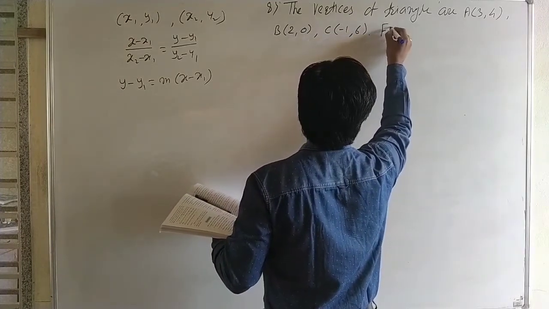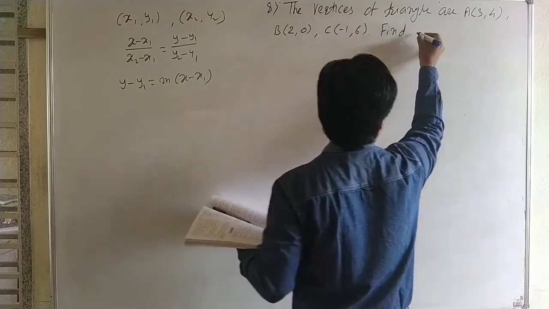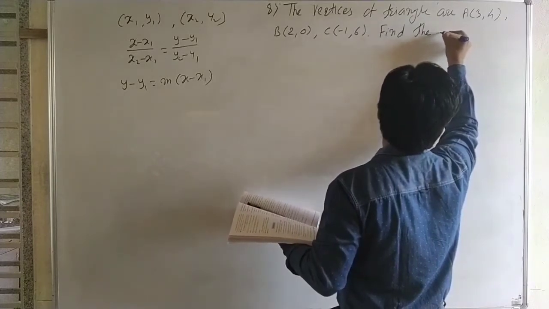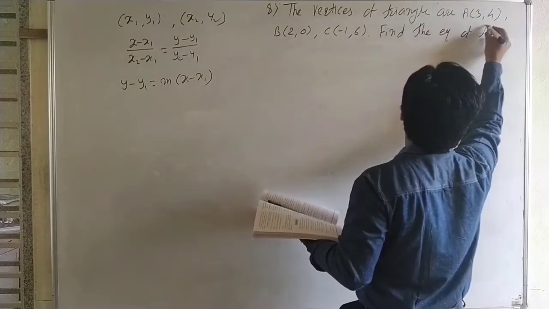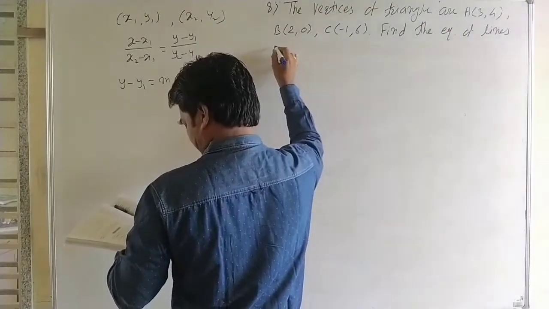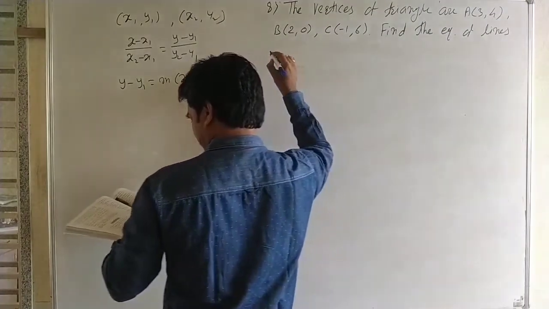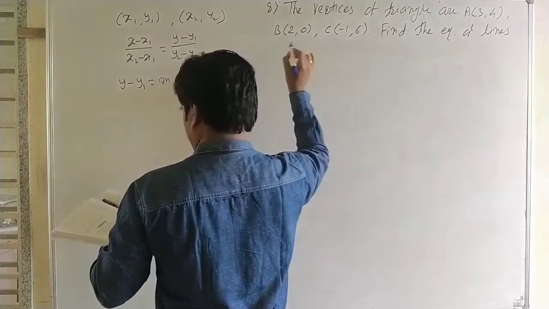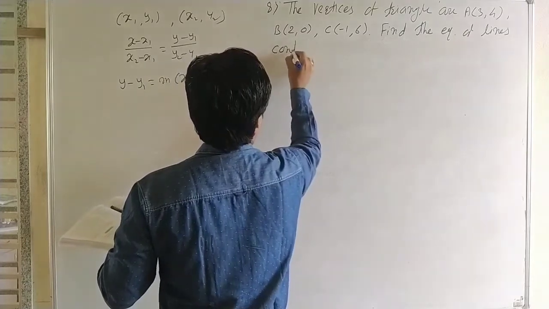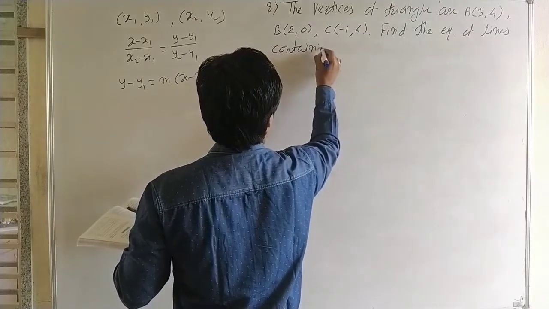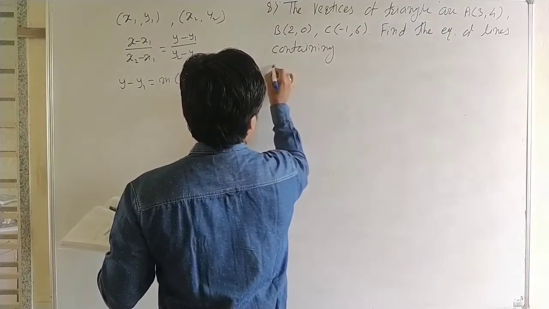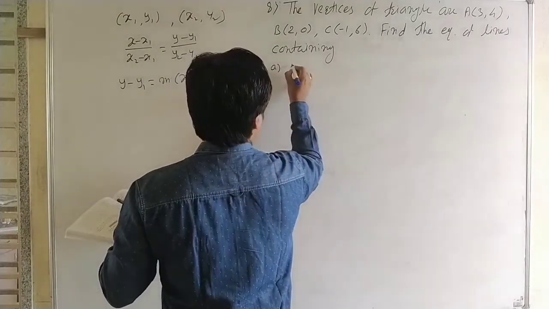Then find the equation of lines containing, first, side BC.